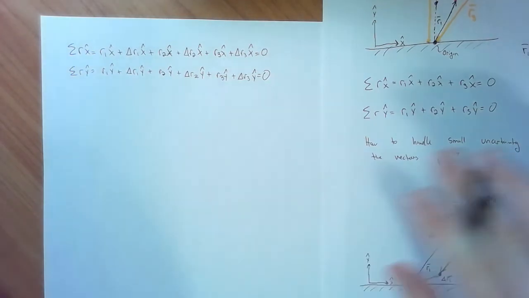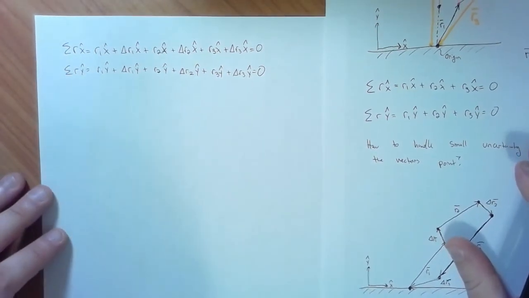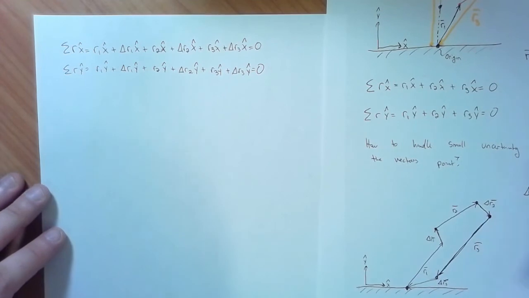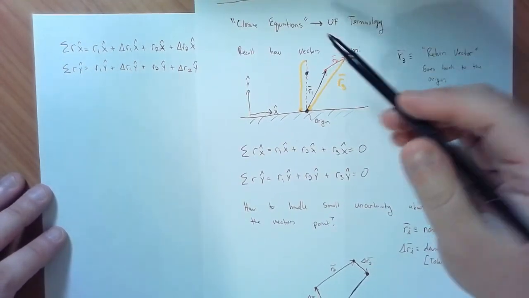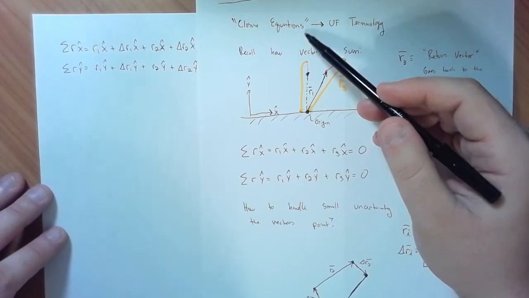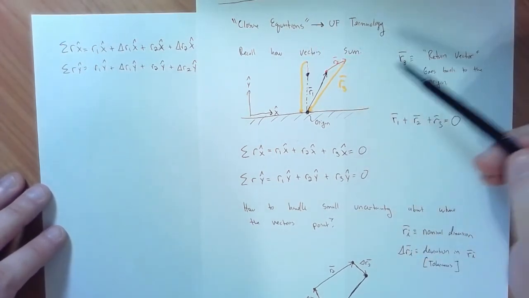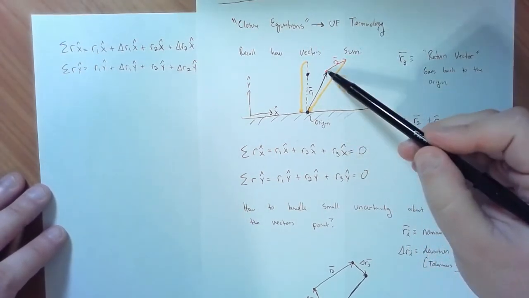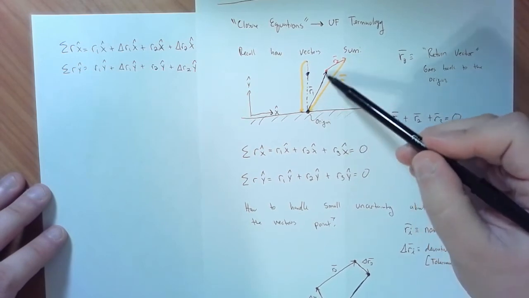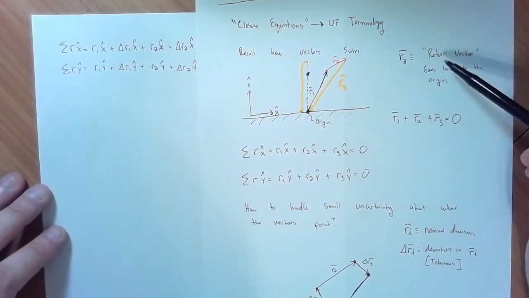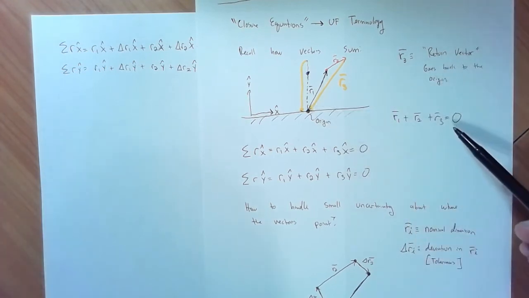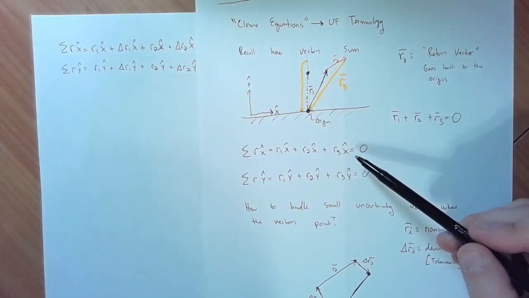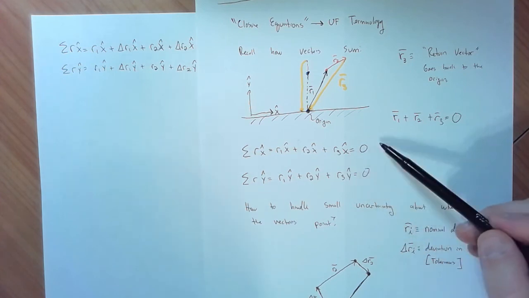Okay, so that's really all I want to show. The underpinning math is that if you take a closed loop, a set of closure equations, by just summing up the vectors from an origin out to some point and then giving yourself a return vector to get you back to the origin, when you add them up, you get 0. You can break them down into the x component and the y component, and you still get 0.